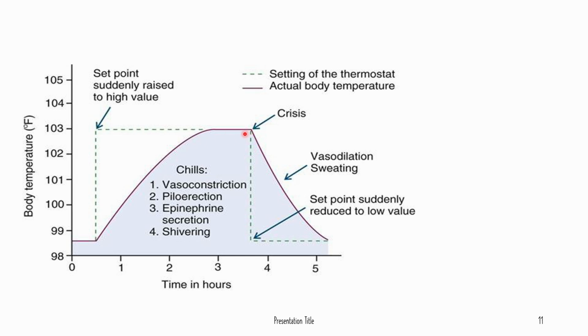After reaching the set point, the temperature is going to reduce by heat loss mechanisms like sweating or vasodilatation, so that it can reach the normal temperature. And this happens in several stages: a gradual increase, then a plateau phase, followed by defervescence where the fever is decreasing. We will see the stages of fever now.